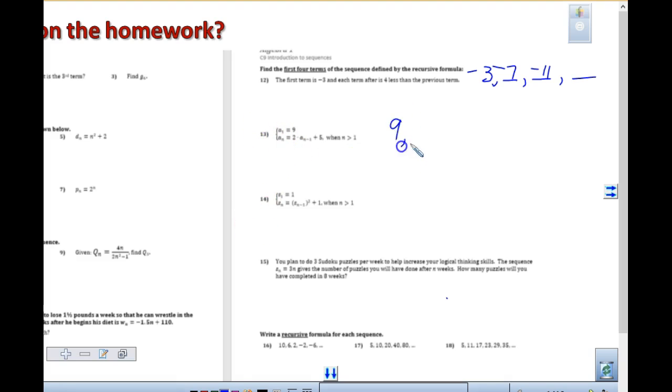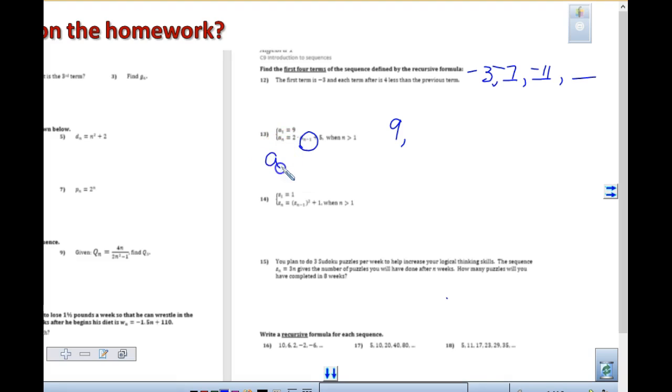Yeah. So 9, what does this thing right here mean? What does that mean when you have a to the n minus 1? It means previous.